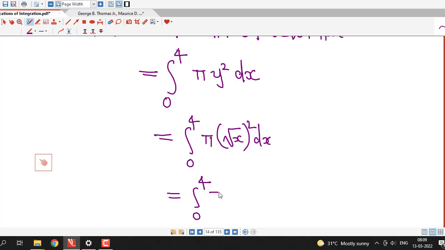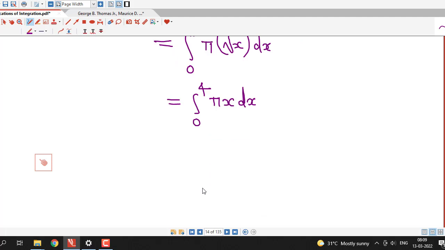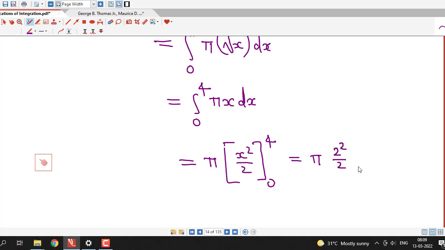We obtain the integral from 0 to 4 of pi times x dx, and this is equal to pi times the integral of x, which is x square by 2, from 0 to 4, and this is going to be 2 square divided by 2 minus 0. So the volume of the solid of revolution is nothing but, sorry, I made a mistake. Here I have to write x equal to 4.